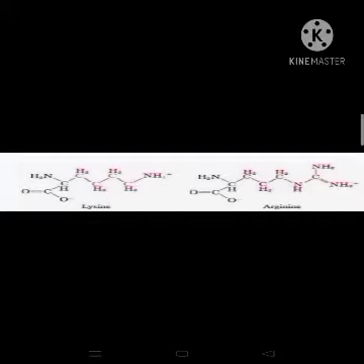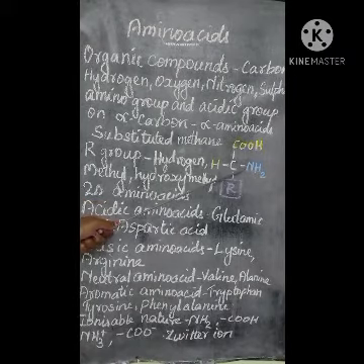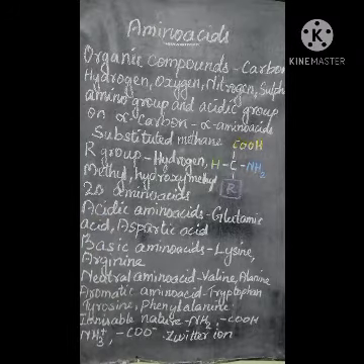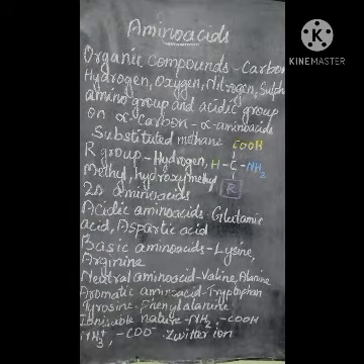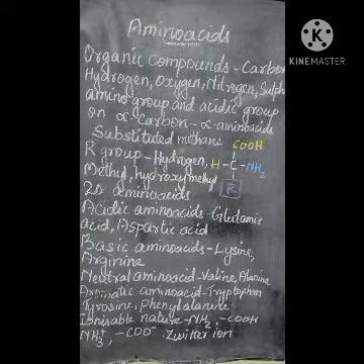Okay. Amino acids which have one carboxyl group and one amino group are called neutral amino acids. For example, valine, alanine, serine, etc. They have one carboxyl group and one amino group in them. So they are called neutral amino acids.